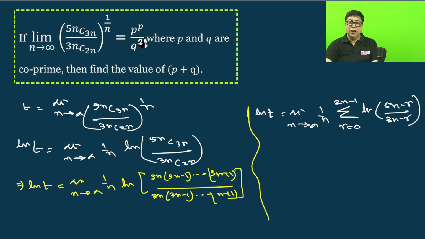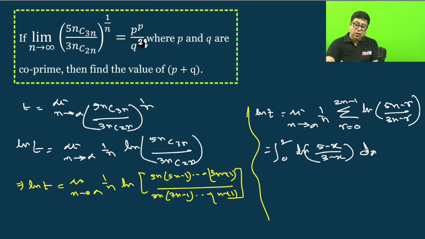So we know that r by n equals x. So the integration from 0 to 2, I am writing log of (5 minus x) by (3 minus x) dx. And there is some other place I am changing here, 3 minus x.